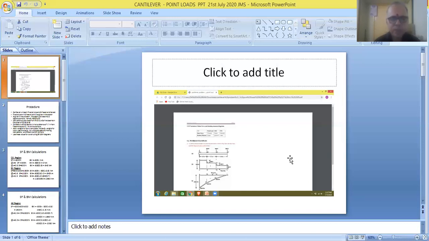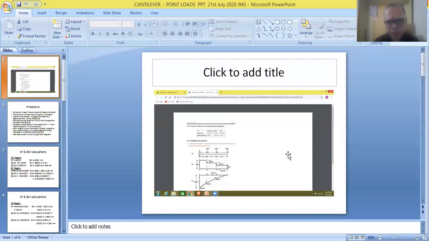So here in this problem, letter A is used for indicating the fixed end of the beam, letter D for the free end of the beam, letter B for the load of 300 newtons, and finally letter C for the load of 500 newtons.